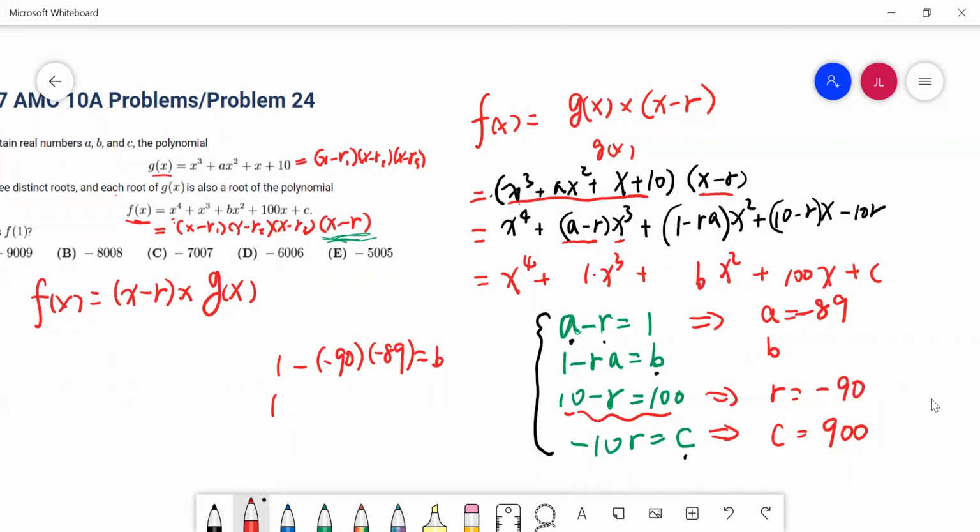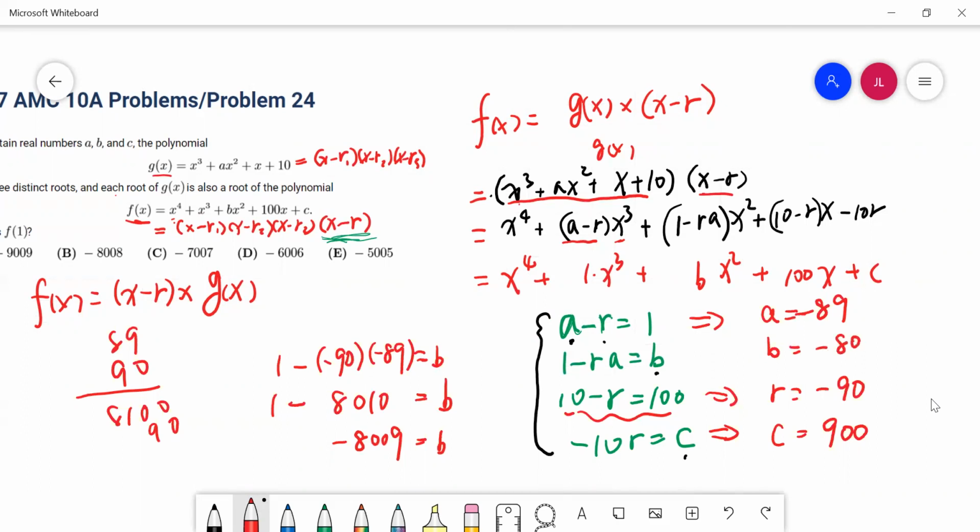This one is minus times plus times plus, so that's going to be minus positive. So 90 times 89, we can use 90 times 90, that's 8100, but minus 90. So that's going to be 8010 equal to b. So then b equals negative 8009. Okay, put this number here. Negative 8009.